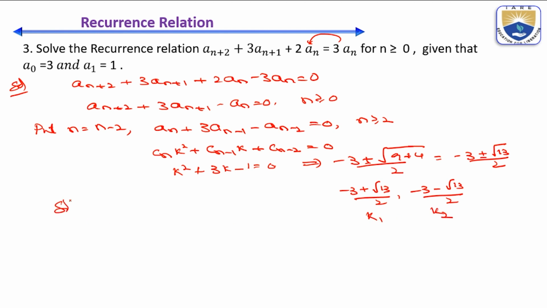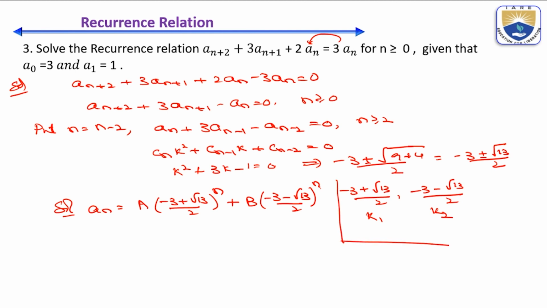Then the solution is a_n equal to a k1 to the power of n plus b k2 to the power of n. So it is a into (minus 3 plus root 13 by 2) whole to the power of n plus b into (minus 3 minus root 13 by 2) whole to the power of n.